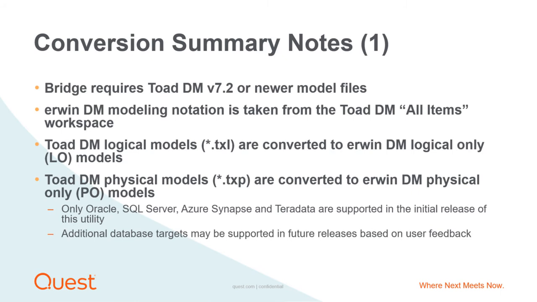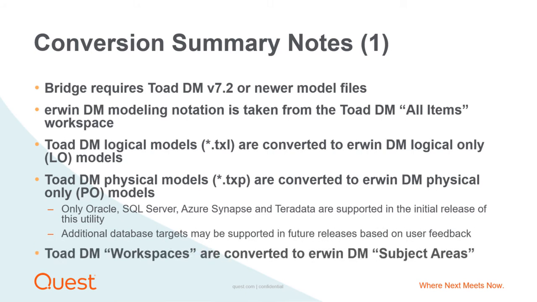At this time, only Oracle, SQL Server, Azure Synapse, and Teradata models are supported in this utility. Additional database targets may be added in future releases and based on user feedback. Toad Data Modeler workspaces are converted to Erwin Data Modeler subject areas.